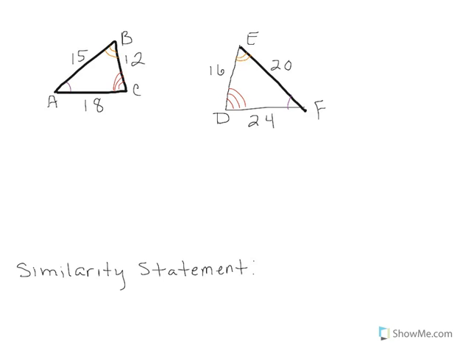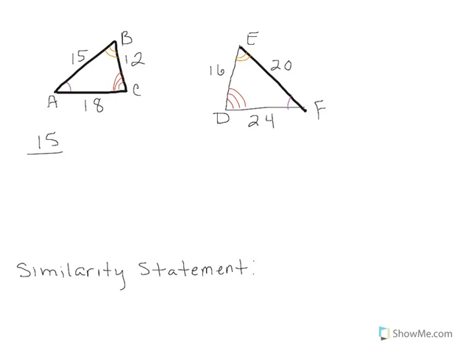As far as all the angles are concerned, they are congruent, so we're good to go with that. Now the next part that we have to determine is if all of the corresponding sides are proportional. So let's go ahead and get that started. I'm going to do side AB, which is 15, and I'm going to put that over its corresponding side in the larger triangle.